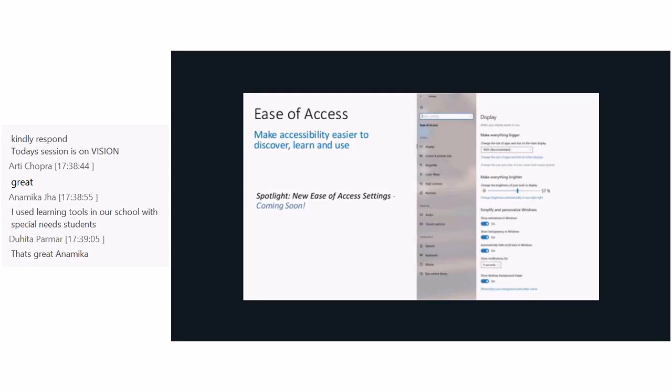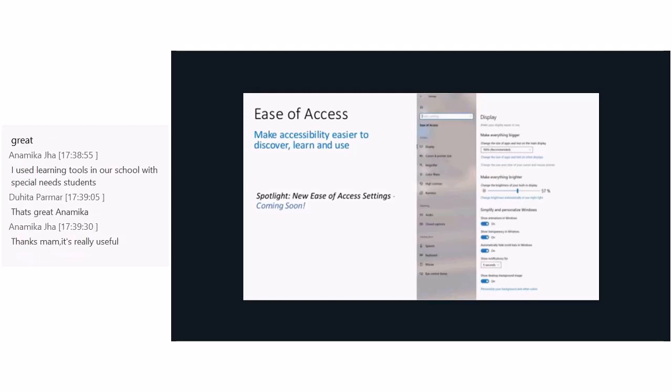If you go to files, you will find a display setting which will help you decide what your accessibility features can be. You can use a magnifier there. You can use color filters as we go forward. I'll explain each one in detail. Ease of Access is available on your start button. If you go to your settings, you will see Ease of Access has come in with Windows 10.